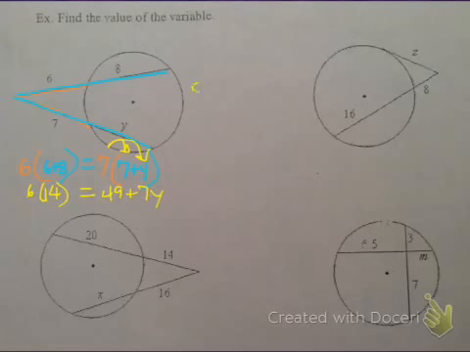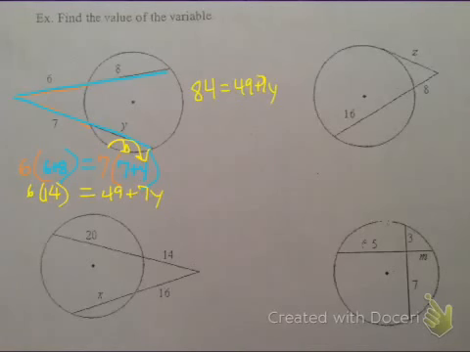So we've got 84 equals 49 plus 7y. And solving for y, we're going to subtract 49 and divide by 7. I'll leave the algebra to you. Should get y equals 5. So that piece right there, that little chord in there, should have a length of 5.